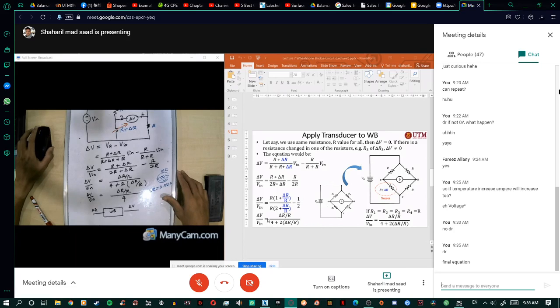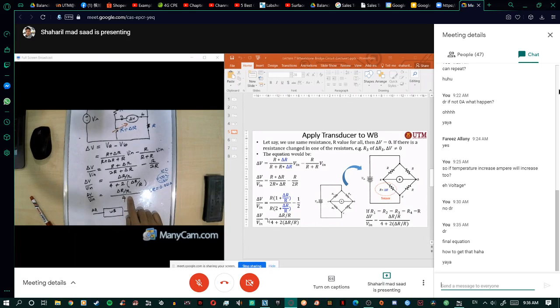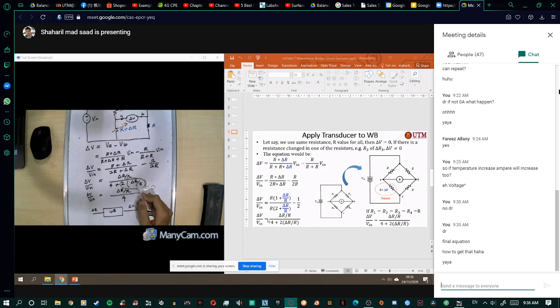Doctor, the final equation. Yes, correct. How do we get that, this one, delta R over 4? Yeah. Okay. Actually, this one is almost 0. Why? Because normally the delta R, the change of resistance, is very small.